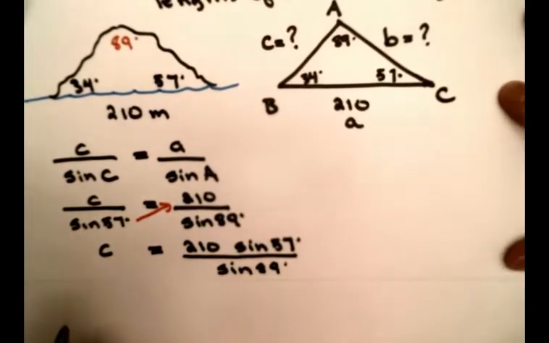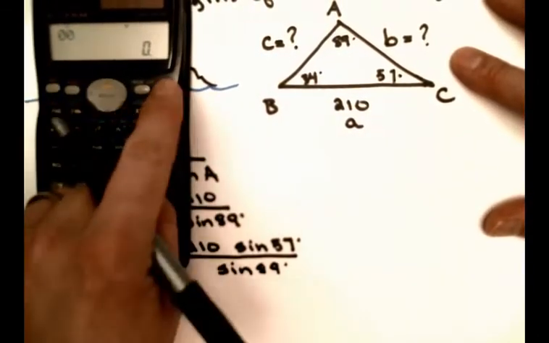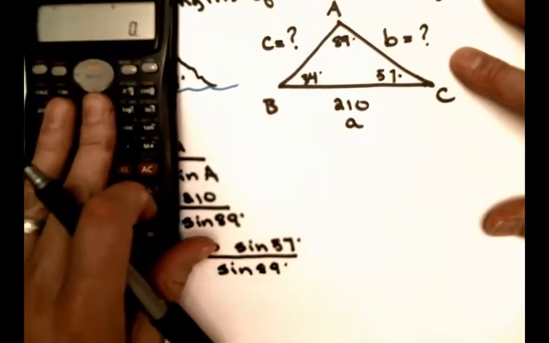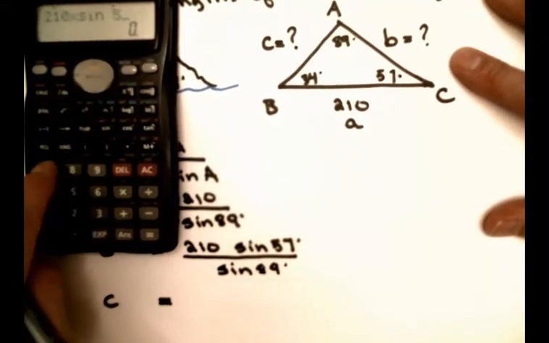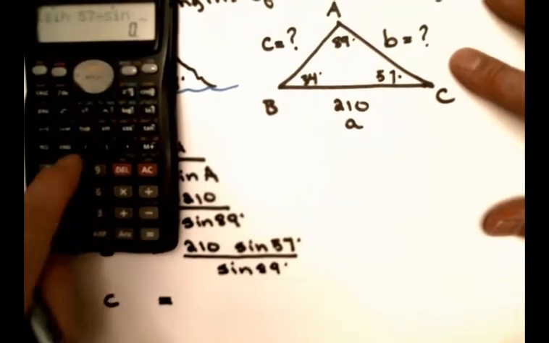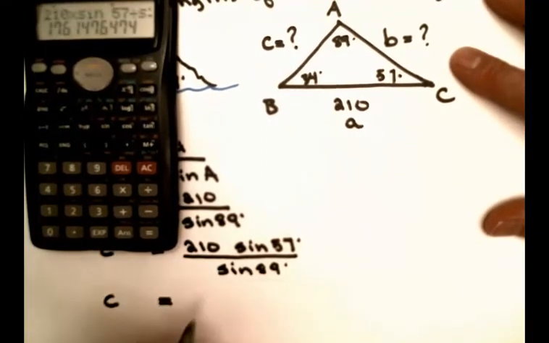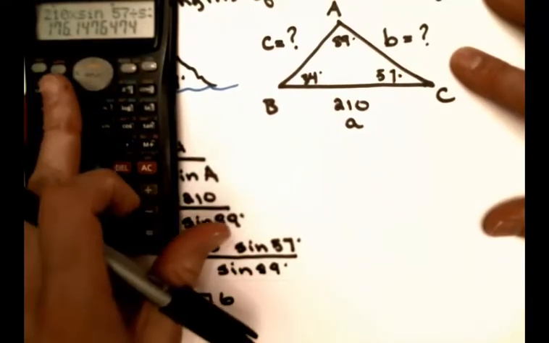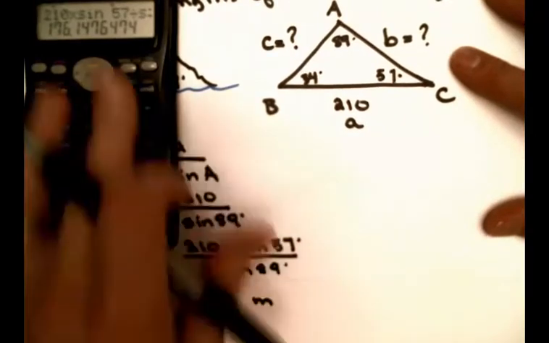If you allow your calculator to do this in one shot, it comes out with your answer. So we want 210 times sine 57, and we'll divide all that by sine 89, and we get 176. And this is an application, so that is 176 meters, and that is indeed one of the sloping sides.